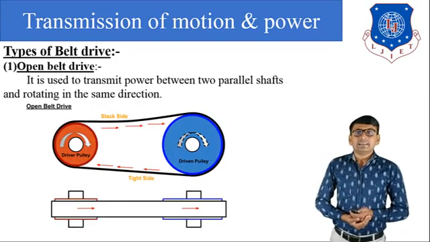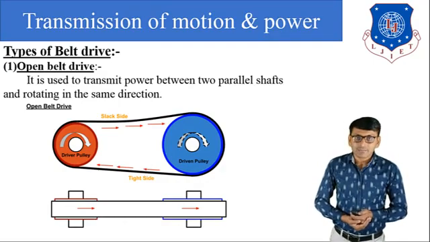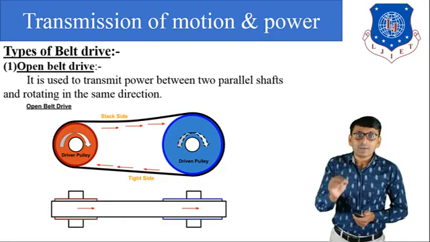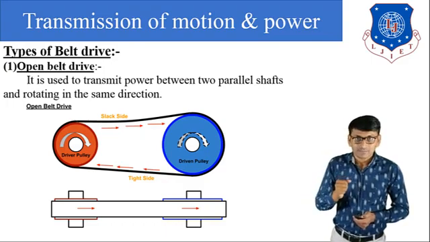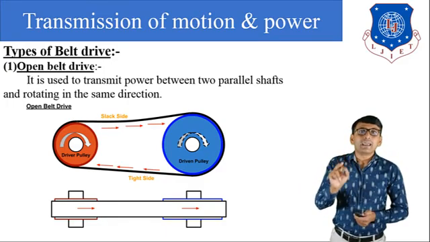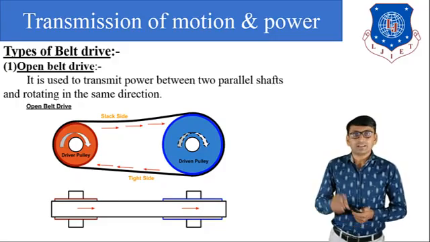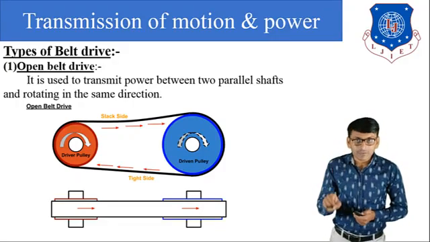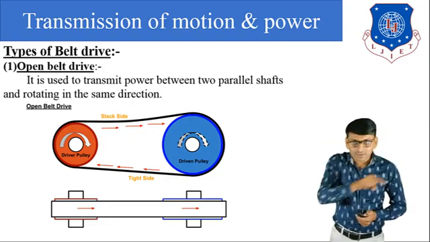So this is the diagram of open belt drive. In this diagram, there is a driving pulley or driver pulley, both are the same, and one driven pulley. On these two pulleys, there is a belt.